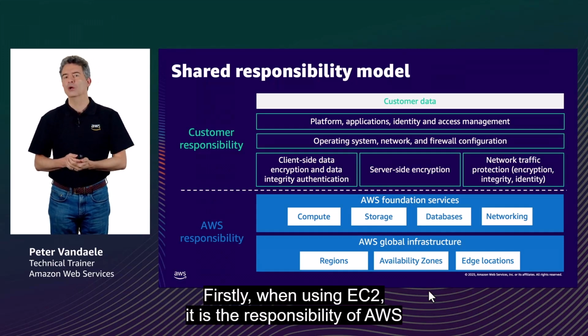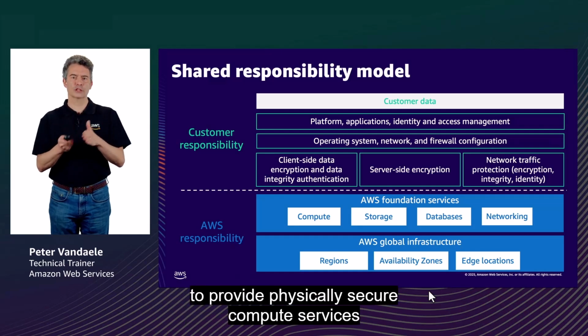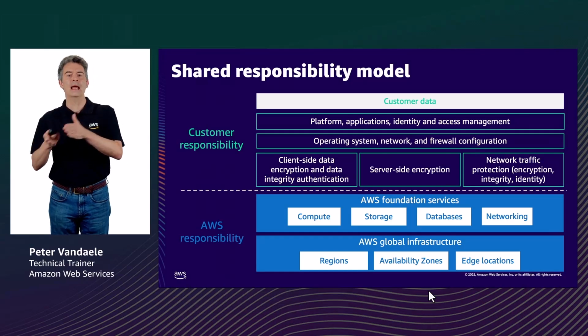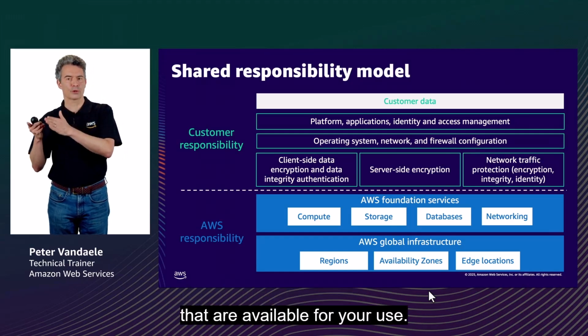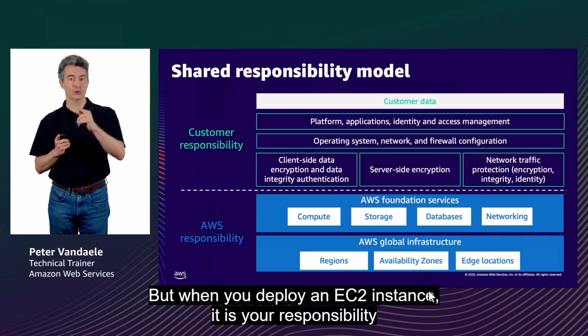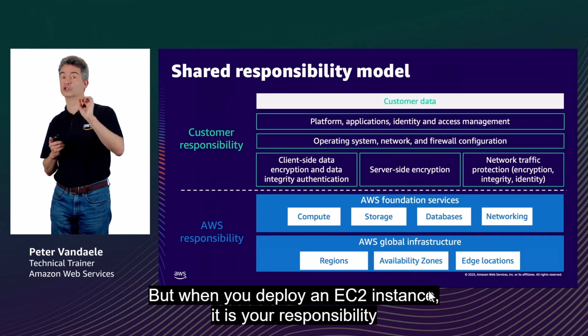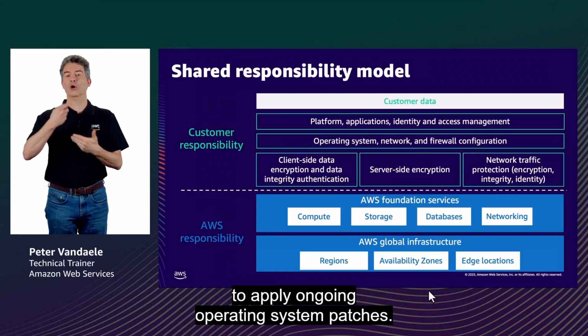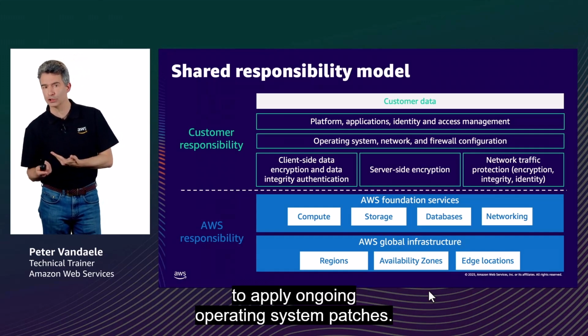Firstly, when using EC2, it is the responsibility of AWS to provide physically secure compute services that are available for your use. But when you deploy an EC2 instance, it is your responsibility to apply ongoing operating system patches.